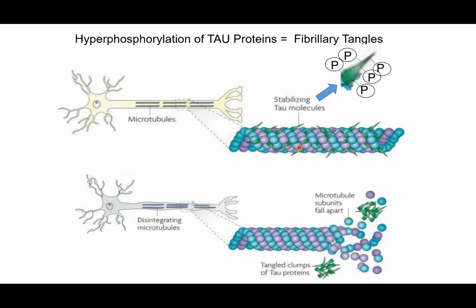It's analogous to taking a screwdriver and unscrewing the screws, and now the table just falls apart. So you've hyperphosphorylated the screws. Hyperphosphorylation, tau dissociates. When it does, all of these subunits fall apart, and the microtubule literally breaks down, and the neuron is dead. I hope it's a no-brainer to everybody.